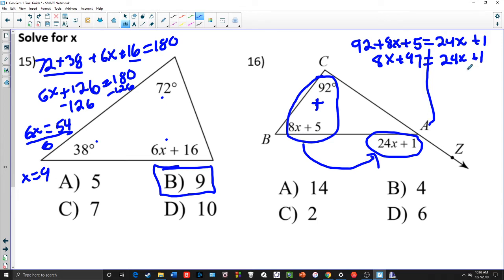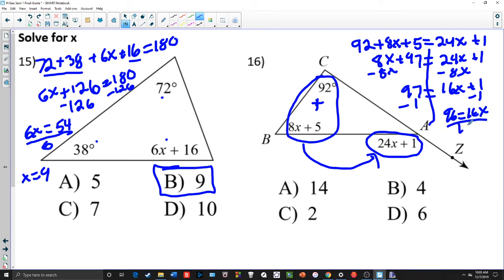Then I would subtract 8x from both sides just to get my x's together. I get 97 is equal to, let's see here, 24x minus 8x would give me 16x plus 1. Then I subtract 1 from both sides. We get 96 is equal to 16x.